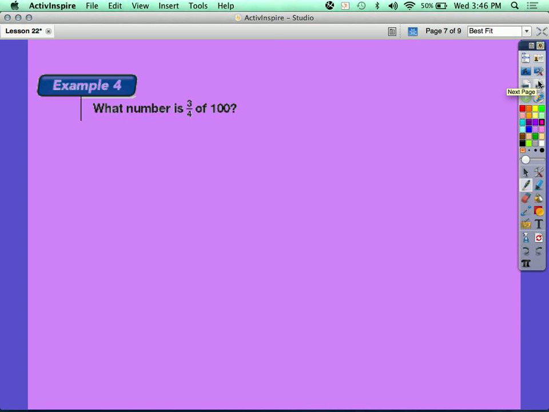What number is 3/4 of 100? Now, most of you can probably do this mentally, but I need you to show work to prove that you can do it. Okay? Let's use a different color here. 3/4 times 100. We can do 100 divided by 4. So you get 25. Whoa.